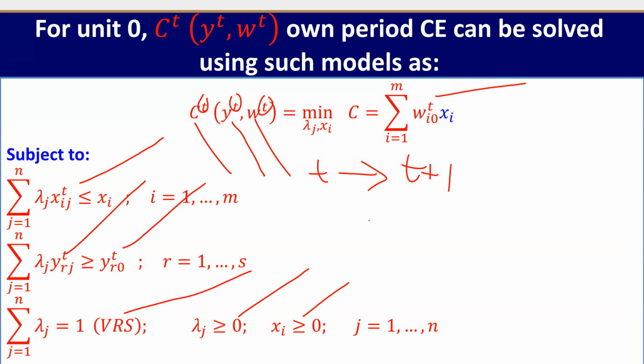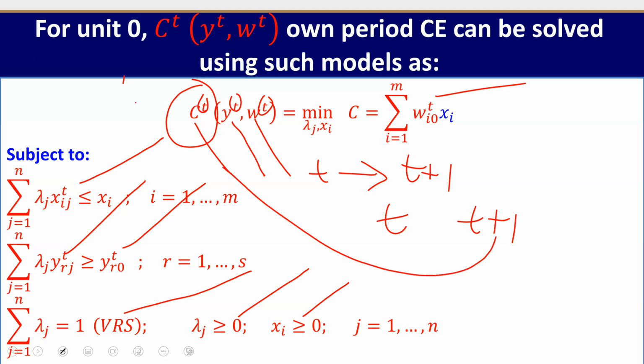Let me show you how the rest will look like. If it was a cross period, I didn't say own period. A cross period is of which firms in year what, relative to which frontier, which year's frontier. That's the next thing. If we're looking at a firm in year T relative to the cost frontier in year T+1, only C here will change to T+1.